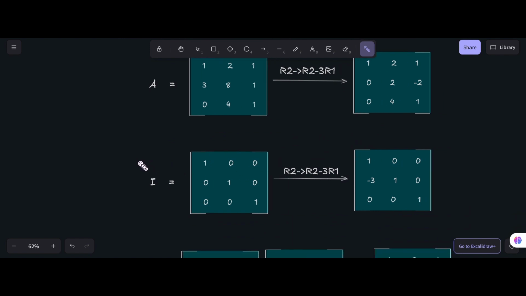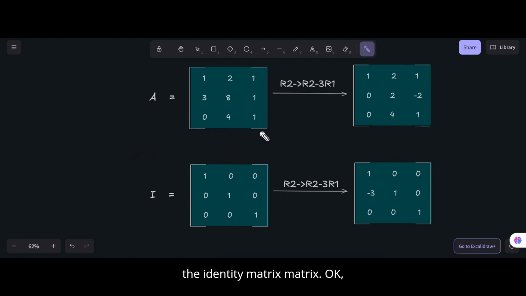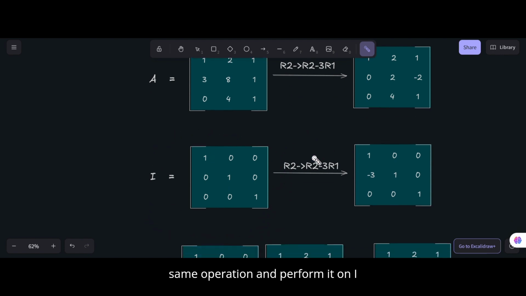So what we do is take the identity matrix. The operation that I performed on my original matrix, I take that same operation and perform it on I instead of A, and that is how you compute the E matrix. This is known as an elementary matrix or elimination matrix.